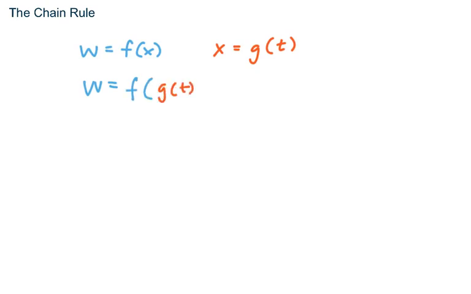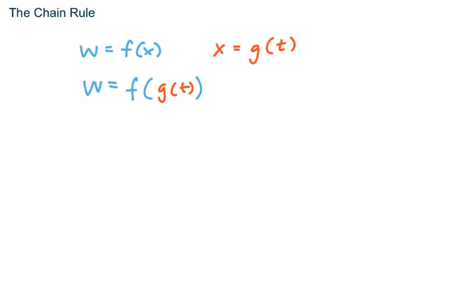Now, let's recall the chain rule that we learned in Calc 1. So if we have w being some function of x, and x then being some function of t, well, then we would be dealing with a composition situation where w is some function of g of t, right?